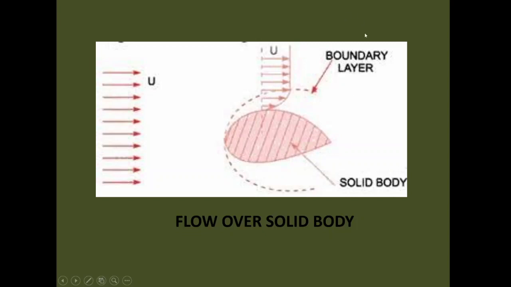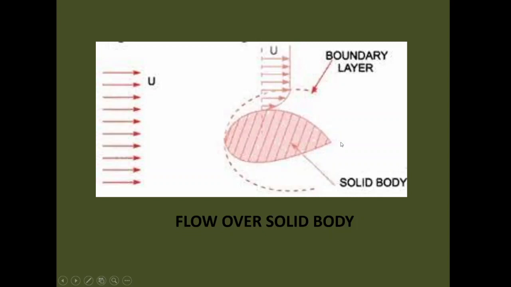This variation of the velocity in the direction normal to the boundary takes place in a narrow region. See, this is the narrow vicinity. This narrow region is called the boundary layer, and the theory which deals with this is called boundary layer theory.